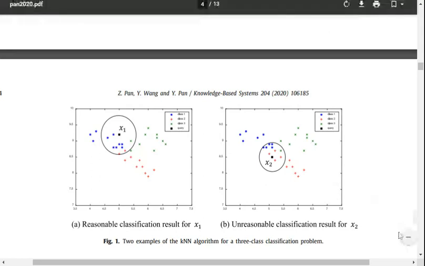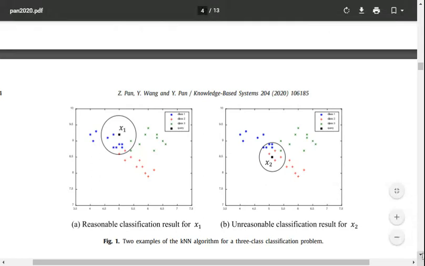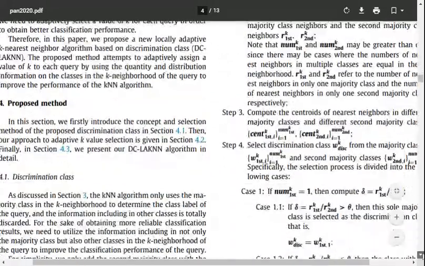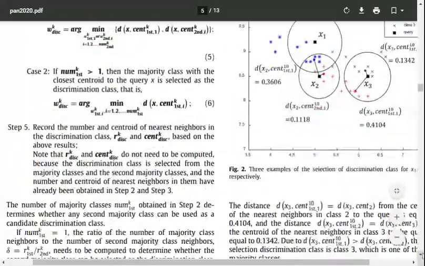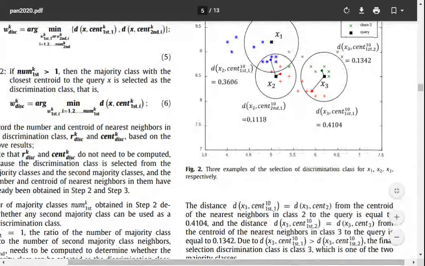Okay, but what should we do to handle this problem? Let's explain this picture.